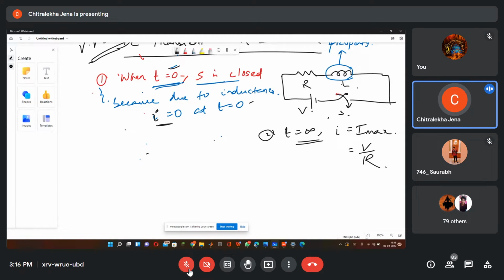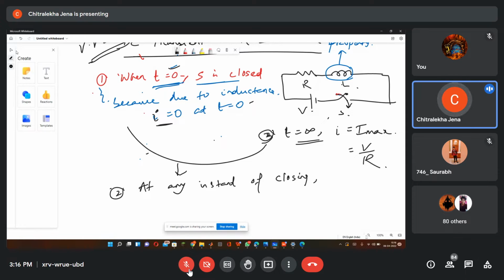Now in between, I will ask from t equal to 0 to t at infinite. That is your condition number 2. At any instant after closing the switch, it is neither t equal to 0 nor t at infinite. What is the value of t at that time?